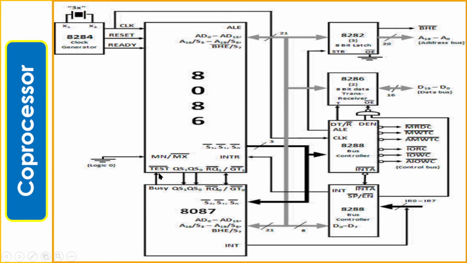If the signal is not enabled, then it will be idle until the 87 completes its instruction execution from memory, because the same bus will be used by both the 86 as well as the 87. That's where the resource sharing mechanism is included. So that's the basic functionality involved in this coprocessor configuration.